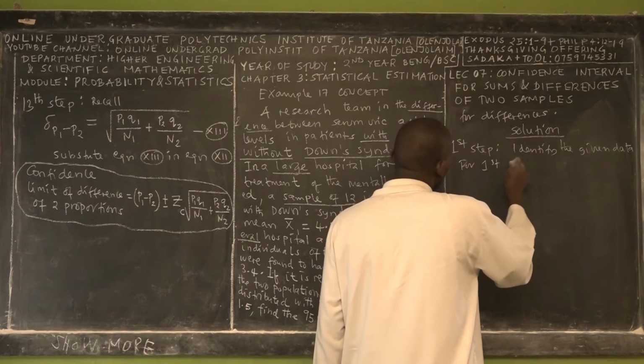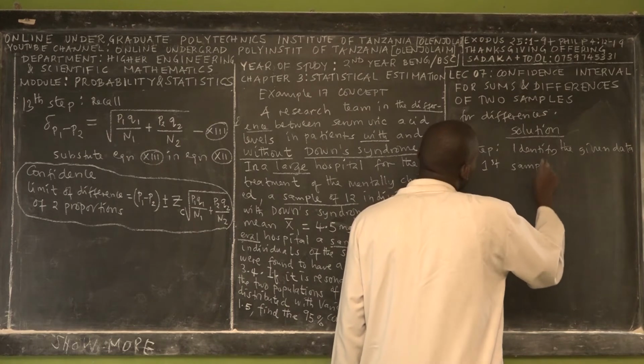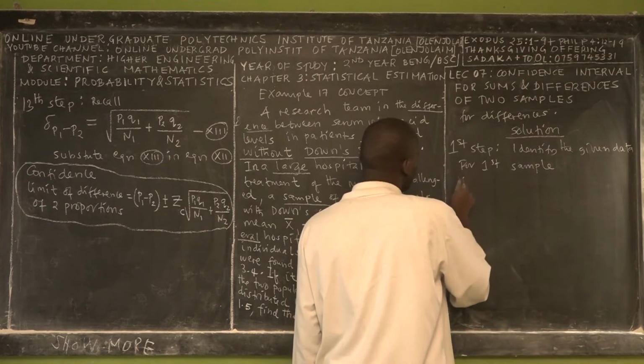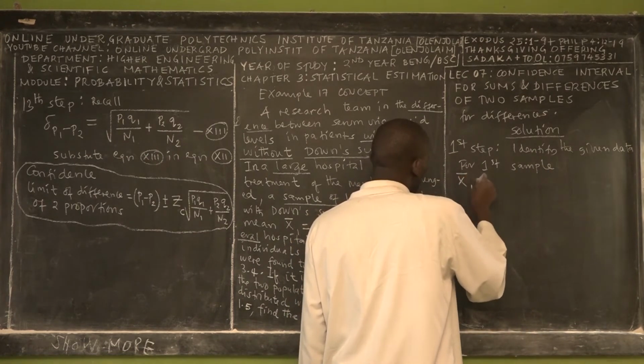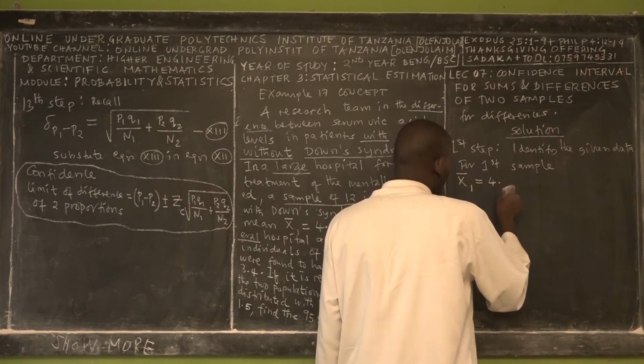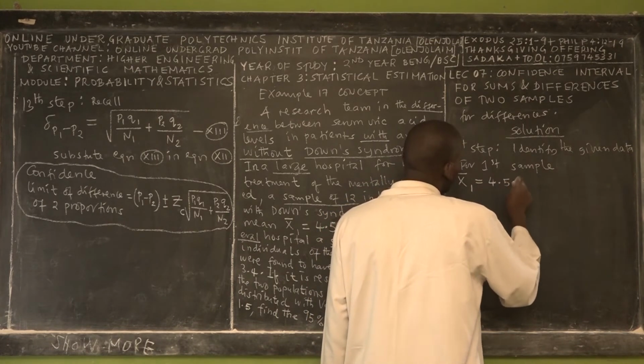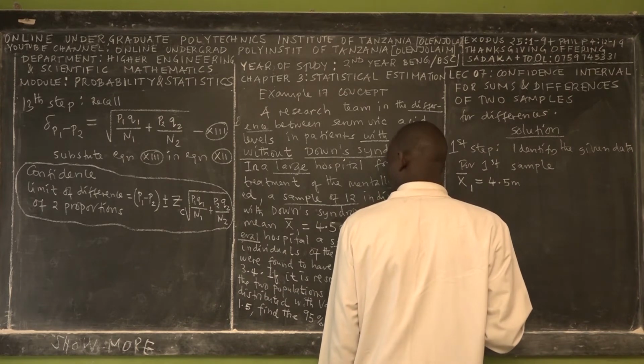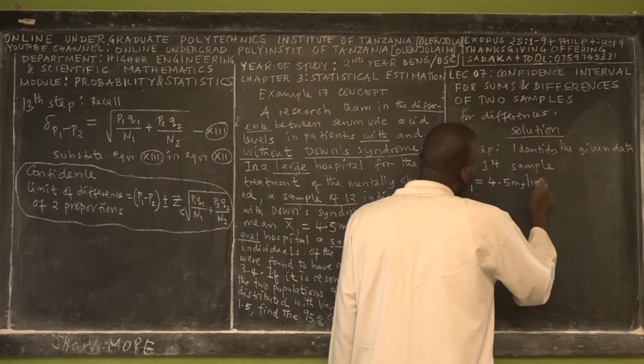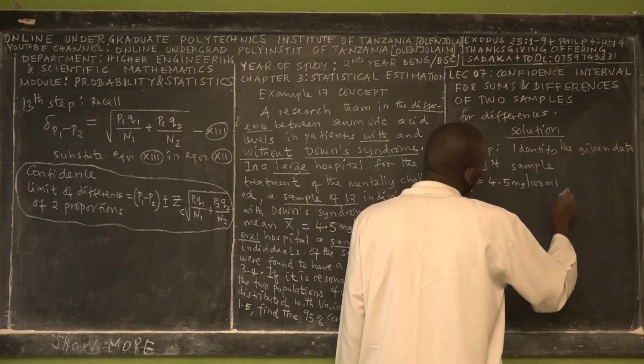For the first sample, you are given the statistical mean, which is 4.5 milligrams per 100 milliliters.